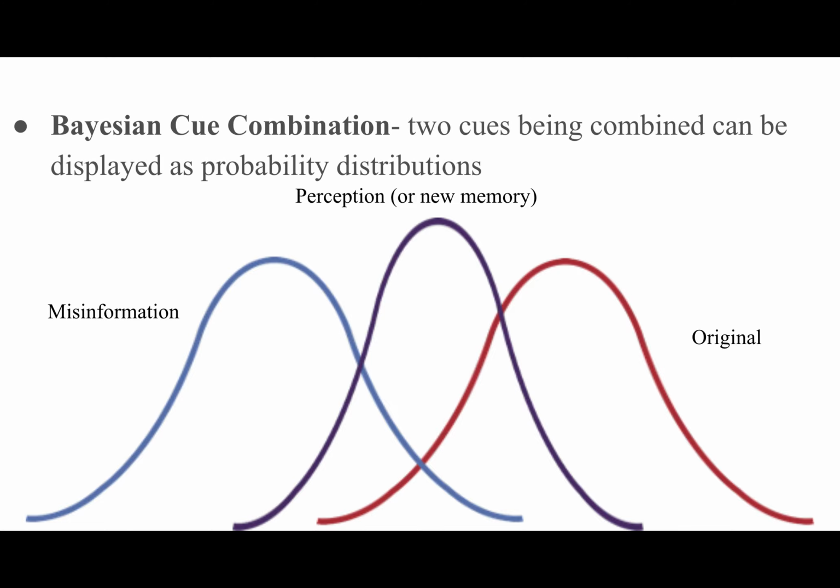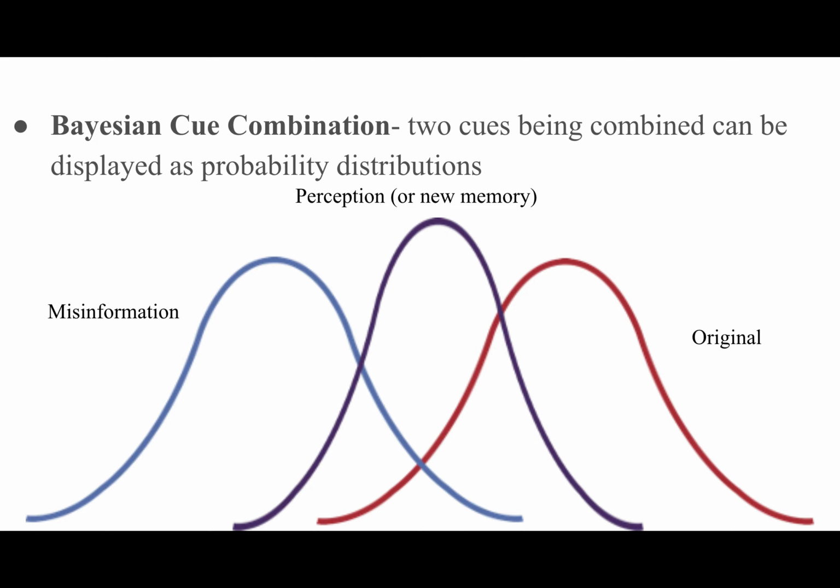In the Bayesian theory, the two cues being combined are displayed as a probability distribution, which represents the noise around each of the cues. Its two components, the red curve and the blue curve, are shown below. The red curve is the acquired knowledge that we have, and the blue curve is the incoming sensory information.